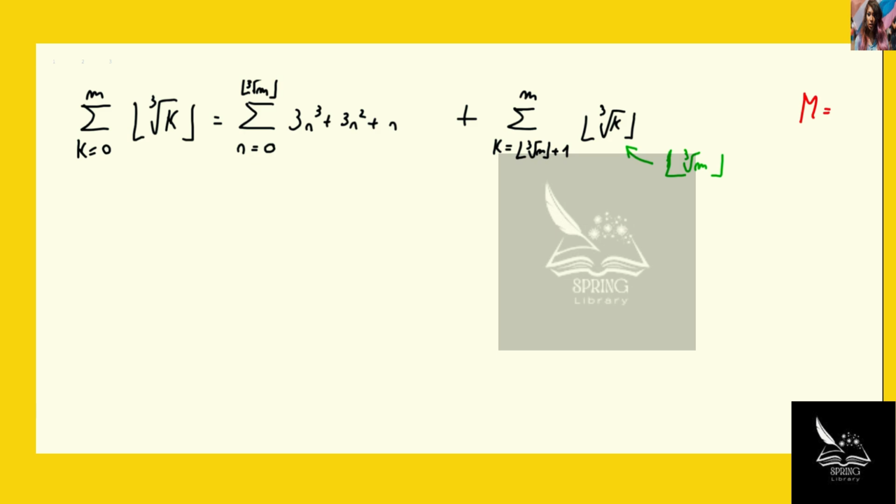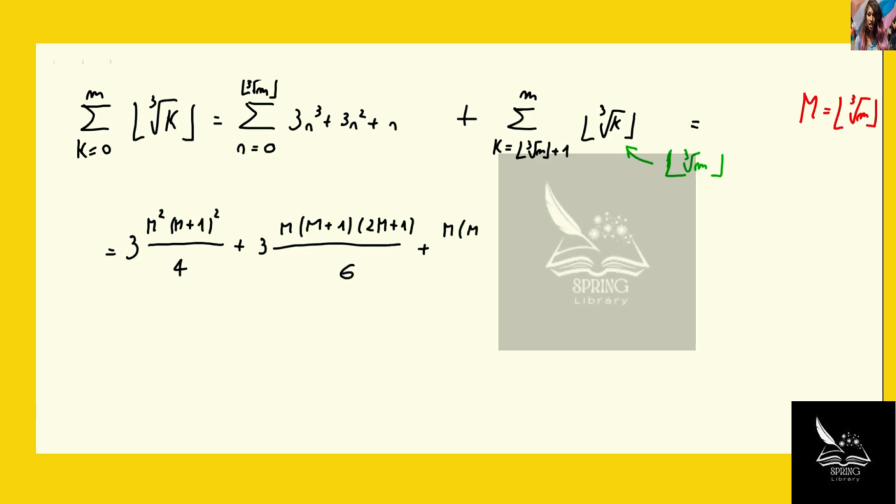So let me denote with big M these quantities, just so that I don't have to write it every time. And now we can simply write, well, the first sum is just a sum of monomials, and we have formulas for those, which is this sum here. And then we have the remaining term.